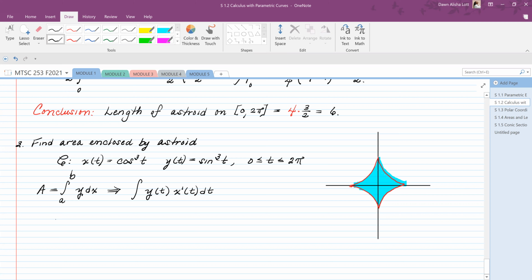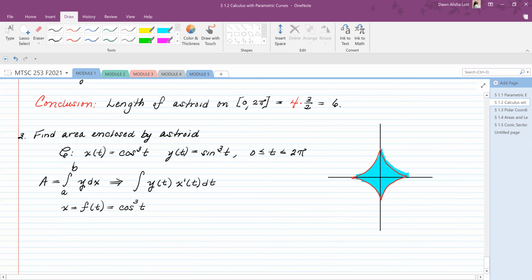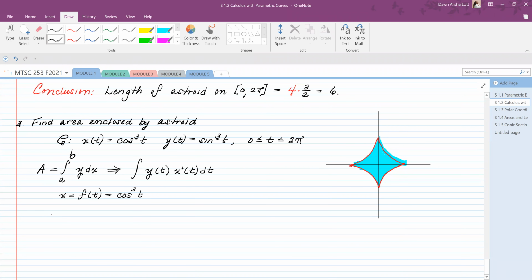Okay, so we need to check. So first off, we have the x, which is f of t, is the cosine cubed of t. So f of alpha is f of 0, and that is 1.